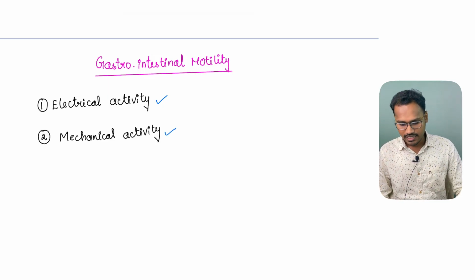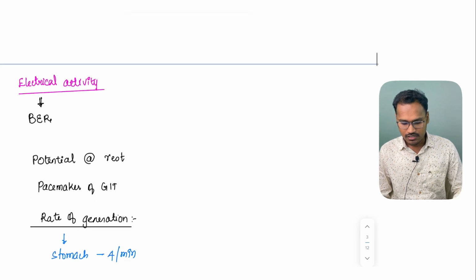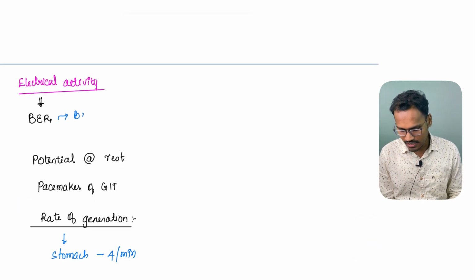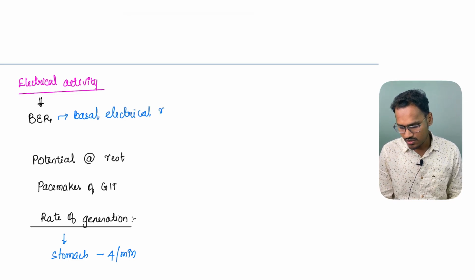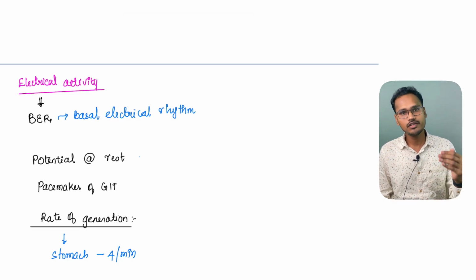Coming to the electrical activity in the GIT, it is called BER. What is this BER? BER is nothing but basal electrical rhythm. It is similar to the RMP. We know there is a resting membrane potential in a cardiac tissue or a nervous tissue. In a similar way, there is some activity which is happening at the baseline.